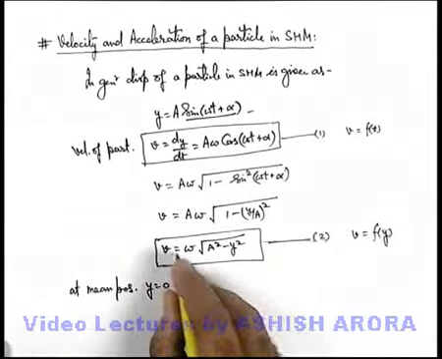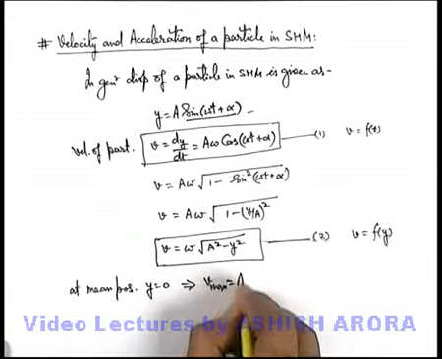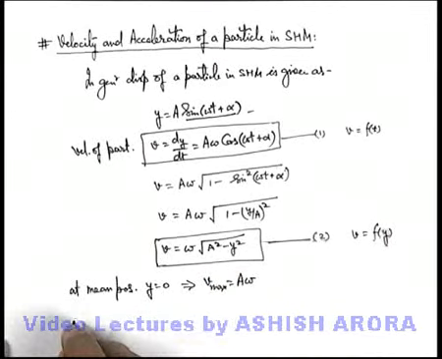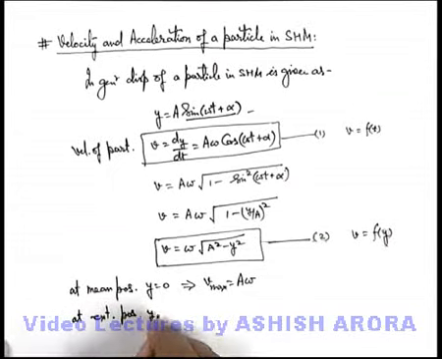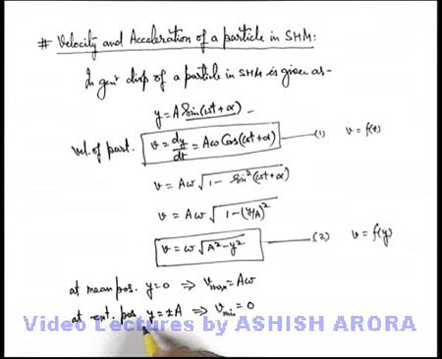This implies the velocity is maximum, and its value is a omega. And at the extreme position, y is equal to plus minus a, the minimum velocity of the particle from this expression comes out to be 0, which we know, since at the extreme position velocity is 0, and at the mean position the particle moves at maximum speed, that is a omega, in either direction.